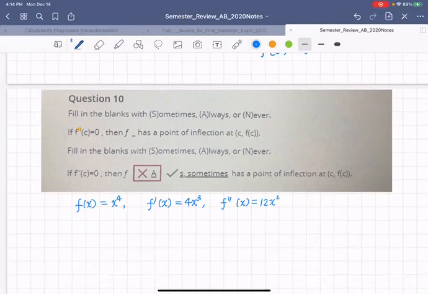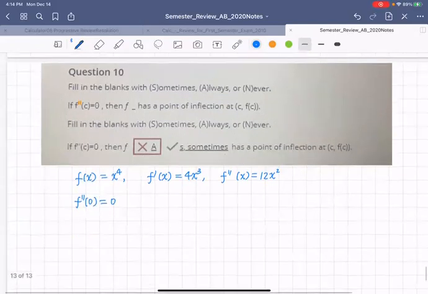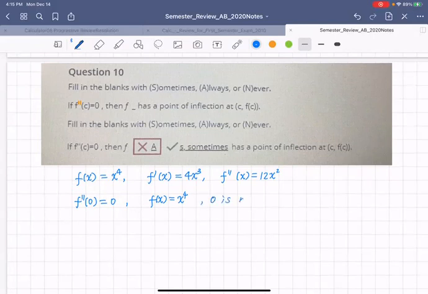Yes? And of course, that equals 0 at x equals 0, right? Does f(x) have an inflection point at 0? No, 0 is not the inflection point.